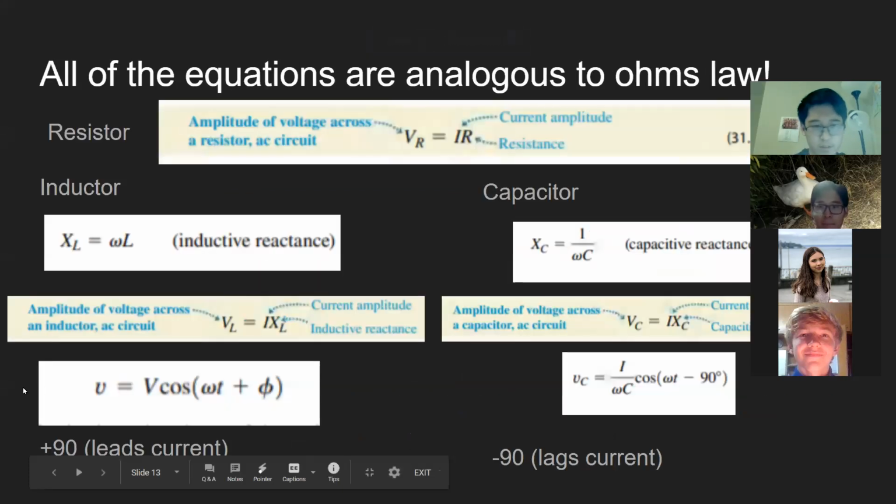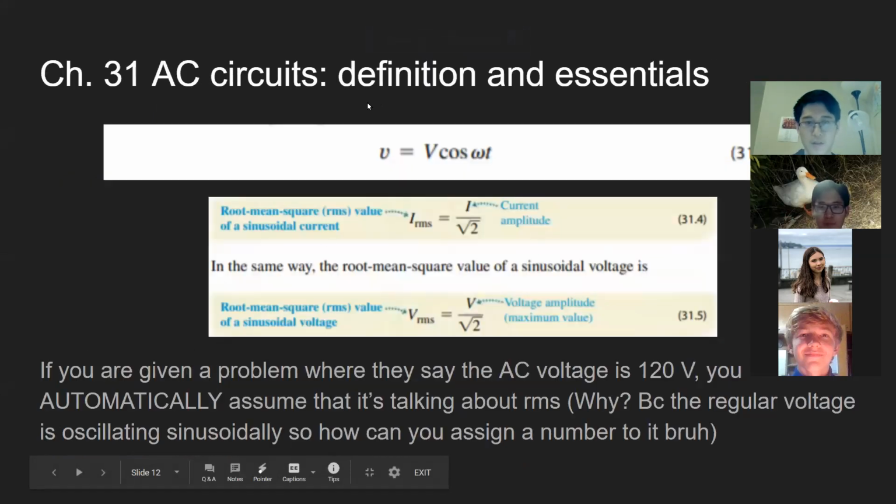So I was talking about this voltage right here. If you look at the voltage of an inductor connected to an AC circuit, and how it oscillates over time, you see that it looks really similar to this voltage, which is the voltage of the original AC generator.